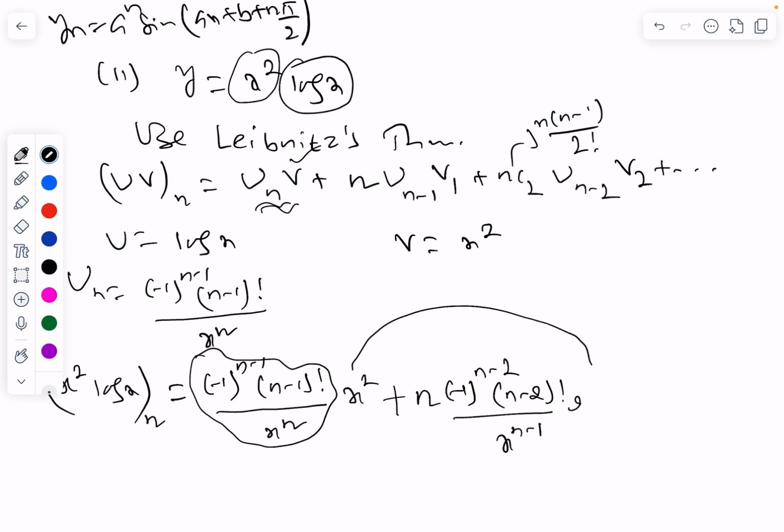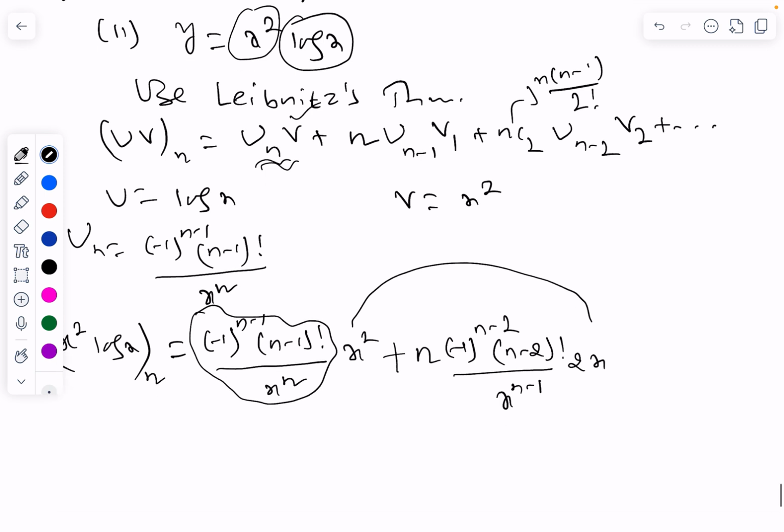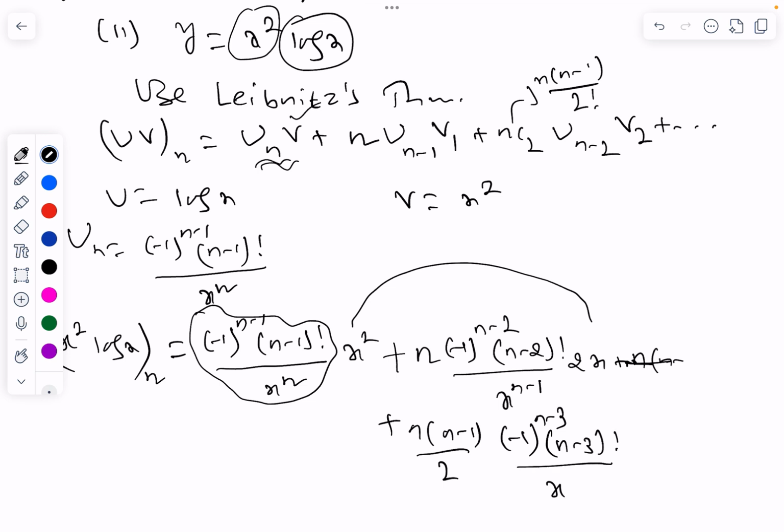Take the derivative of x square, that is 2x, plus n into n minus 1 by factorial 2 into minus 1 power n minus 3, n minus 3 factorial over x power n minus 2, and the derivative of 2x is 2.